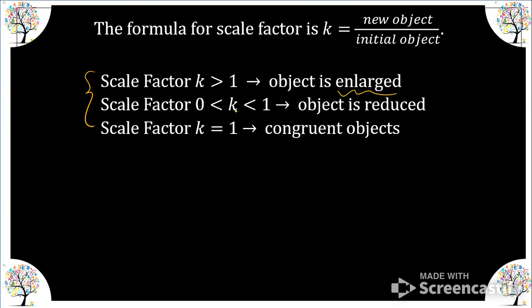If our scale factor is between 0 and 1, like 1/2, we have reduced an object. If we multiply by 1 and our scale factor is 1, we've just created a congruent object. So remember, it is new compared to the initial.